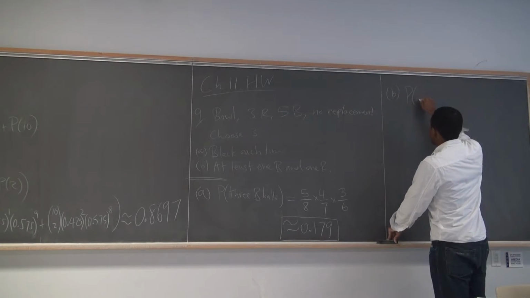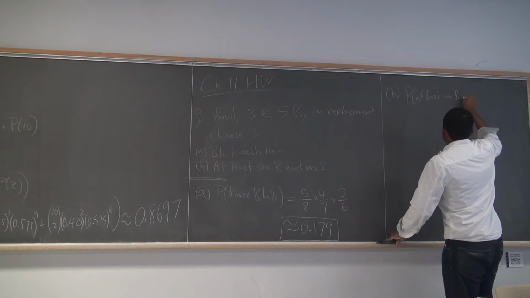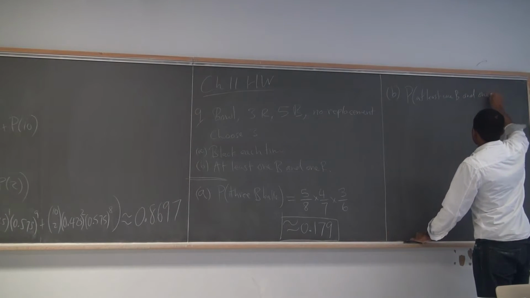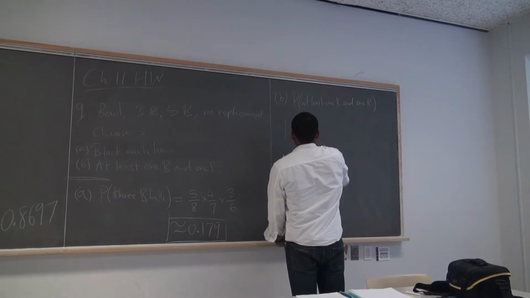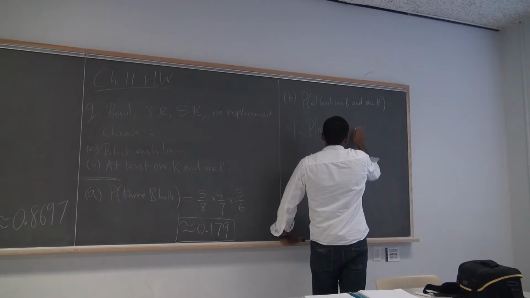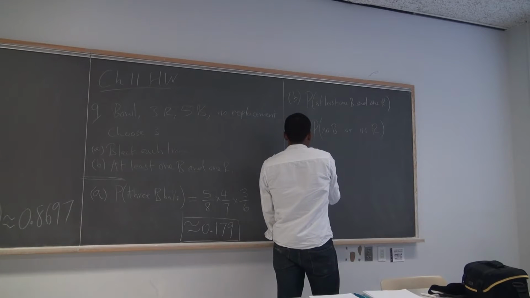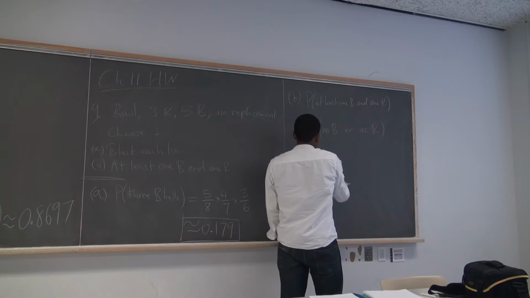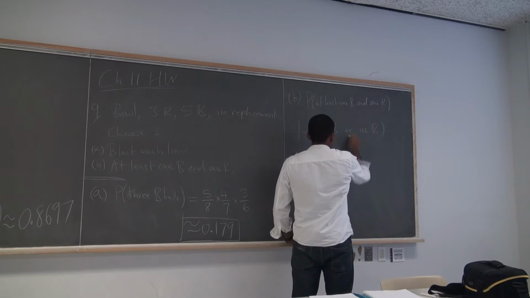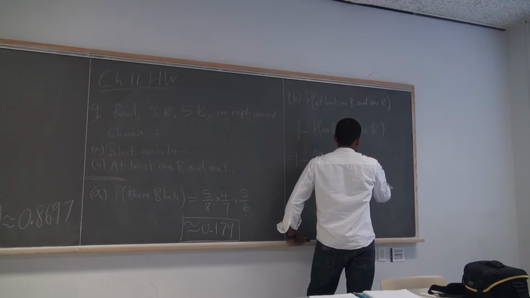So the probability of at least 1 black and 1 red is equal to 1 minus the opposite probability, which would be no black or no red. So this would be the probability of no black, or would translate to plus here, they're mutually exclusive, the probability of no red.